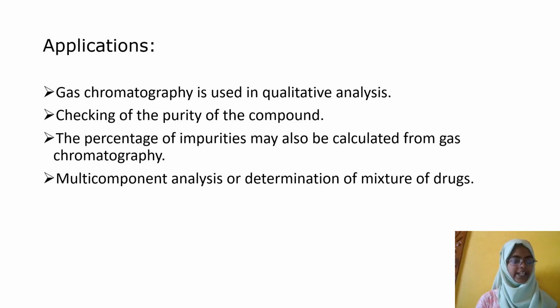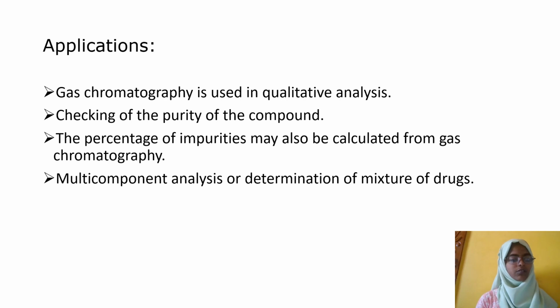Applications of gas chromatography. Gas chromatography is used in qualitative analysis. By checking the quality of a material or a liquid, we use gas chromatography, and also for checking the purity of a compound.